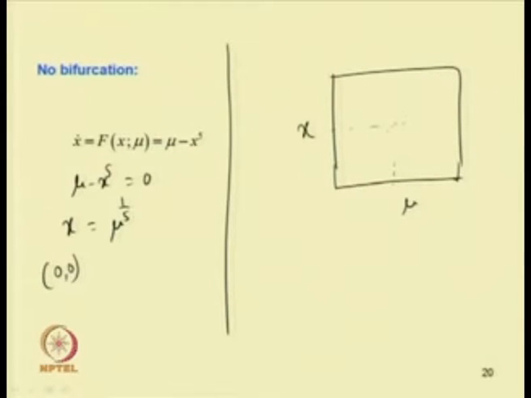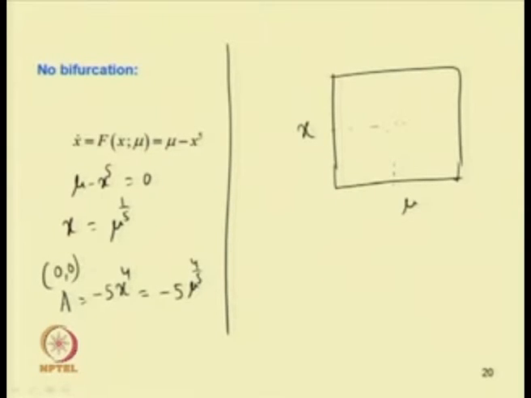So, one can have this control variable, that is mu, with f(x, mu) equal to 0, and one can find the eigenvalue. To find this eigenvalue, our Jacobian matrix A, by differentiating, one can write equal to minus 5 x to the power 4. By substituting x equal to mu to the power 1 by 5, one can write A equal to minus 5 mu to the power 4 by 5.